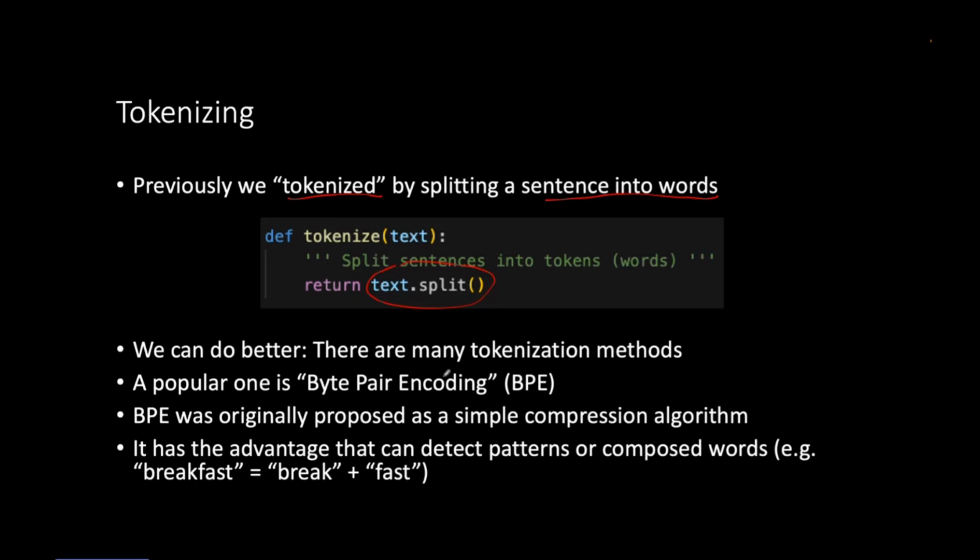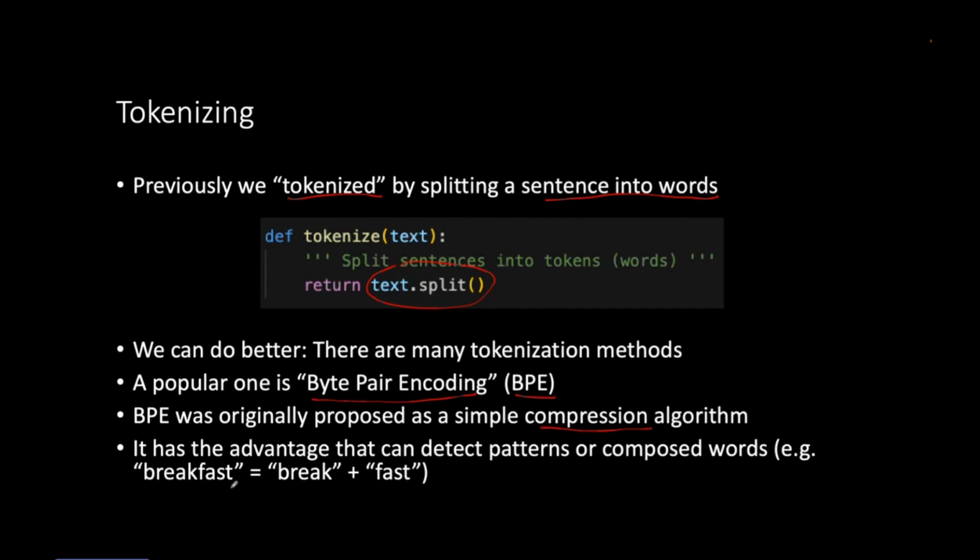One that is very popular is called BPE, byte pair encoding. BPE was originally proposed as a simple compression algorithm. One of the advantages it has is that it can tokenize subwords or composed words, and do a better job in those situations.